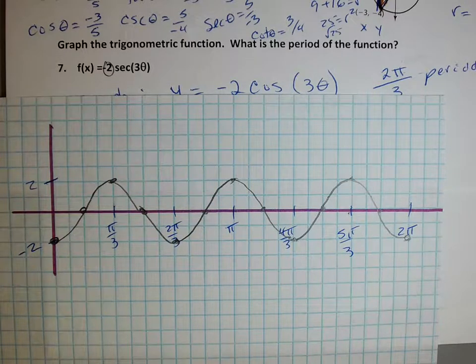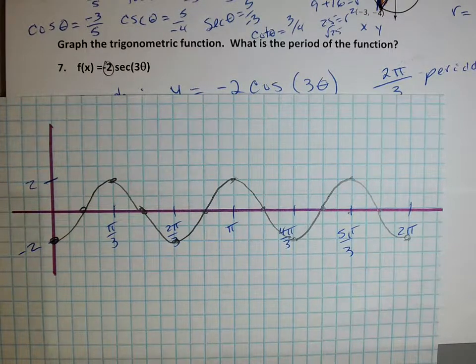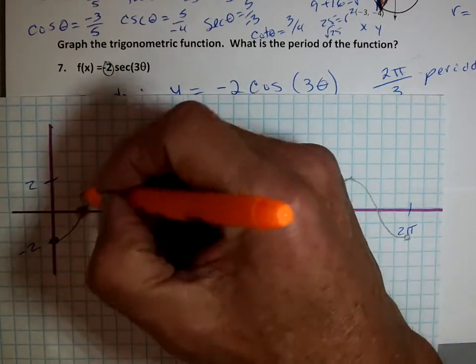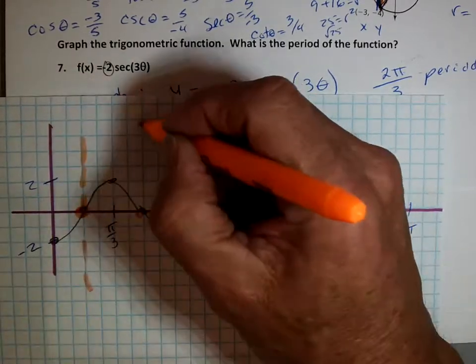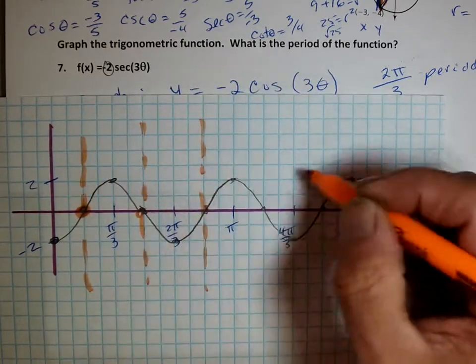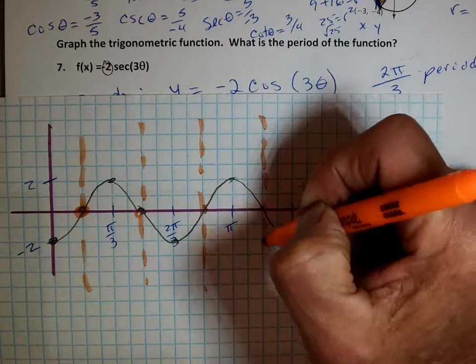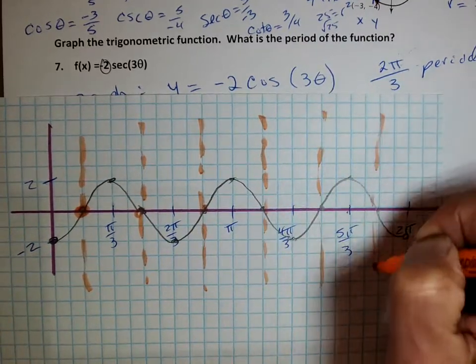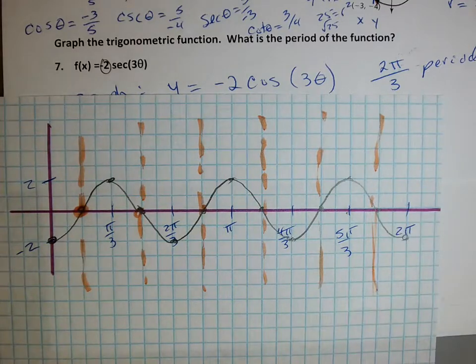The asymptotes are super easy. Here, here, here, here, here. The asymptotes are where it crosses the x-axis, because that's where cosine is 0. Can't divide by 0. So it gets easy at this point. Once you get the cosine in place, or the sine, whichever graph you're looking for, then the loops are easy.